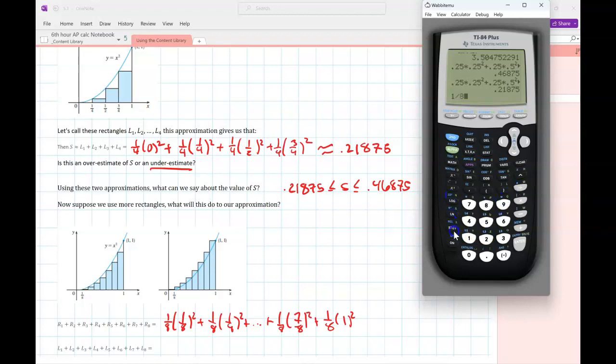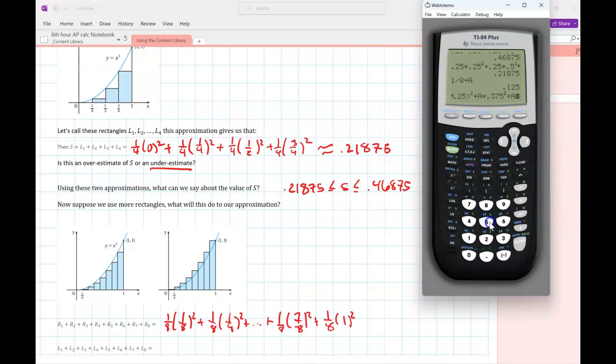All right. Let's see. I'm going to be sneaky here. I'm going to store 1/8 into A, so I can just do A times 1/8 squared plus A times 1/4 squared. And then we have 3/8.